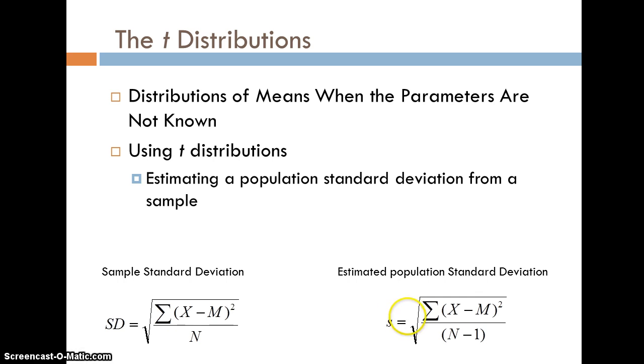Because if we randomly selected from the population of interest, it should represent that population. However, we do know that it tends to underestimate our population, and so we have a little correction here of n minus 1. So for t-tests, we now need to use s, the estimated population standard deviation, in our denominator.